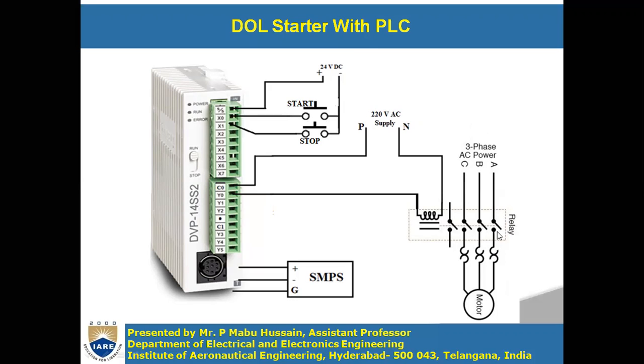So these 3 poles will be closed whenever this coil gets the 220 volt supply, and the direct 3-phase supply will be given to the motor, and the motor will run. Now whenever you press the stop button, this coil has to de-energize, all 3 poles should open and the motor be off.